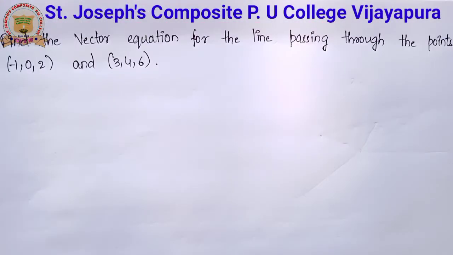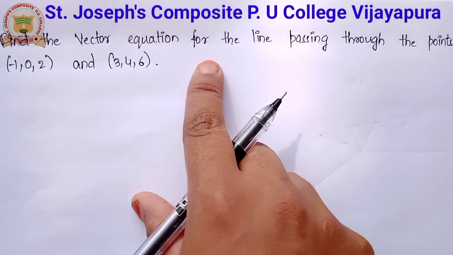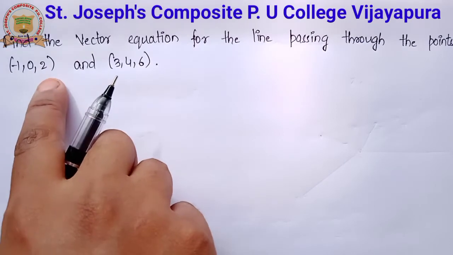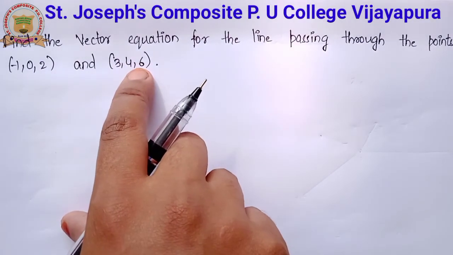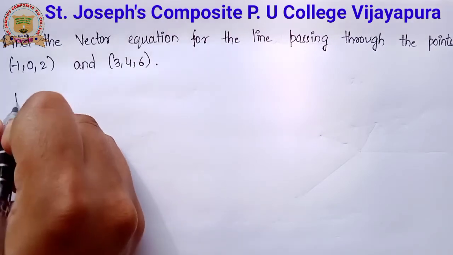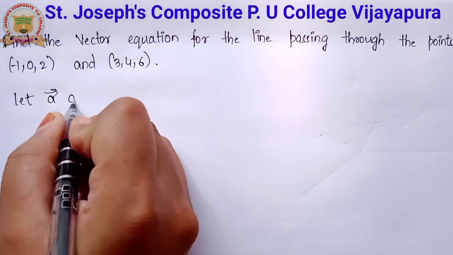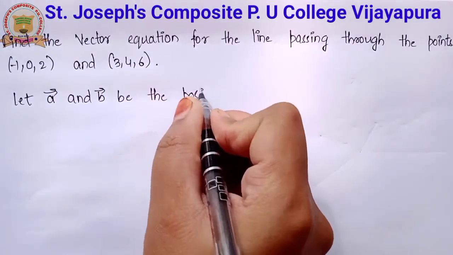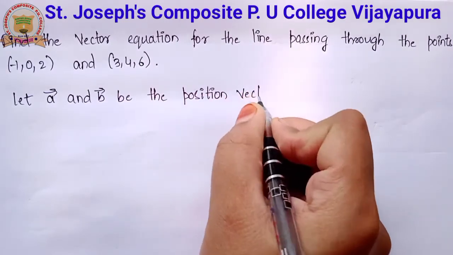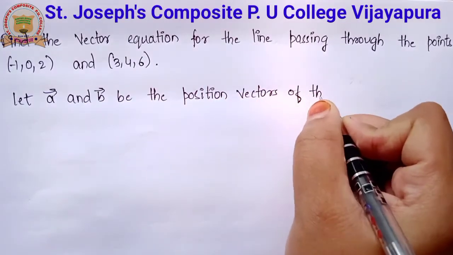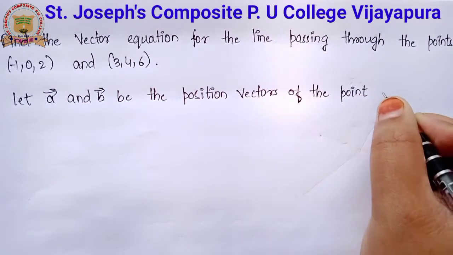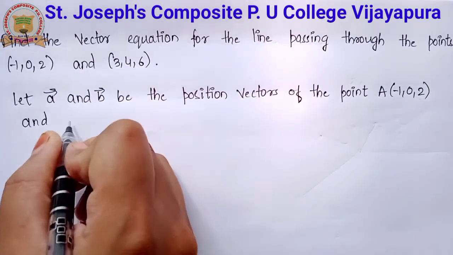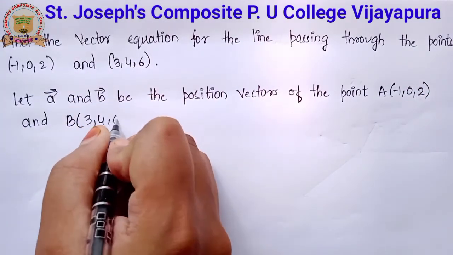Example: find the vector equation for the line passing through the points (-1, 0, 2) and (3, 4, 6). Let vector A and vector B be the position vectors of the points A (-1, 0, 2) and B (3, 4, 6).